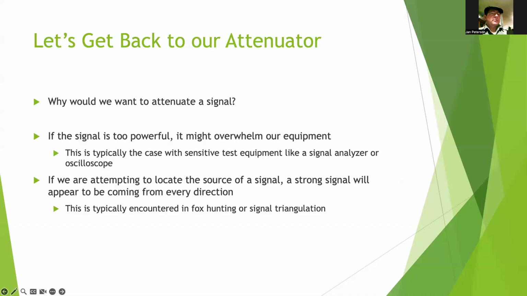If I'm trying to locate a transmitter, the Yagi is great for picking those initial bearings to line up on it. But once I get close to it, it's just too powerful. I can't use that Yagi anymore. So some people will take the antenna off their radio completely and hold it against their body and let their body absorb the radio waves coming from behind them.